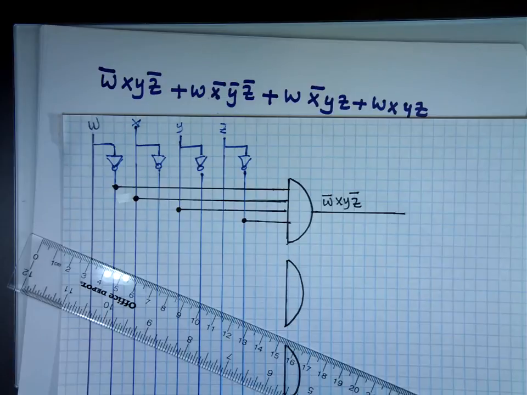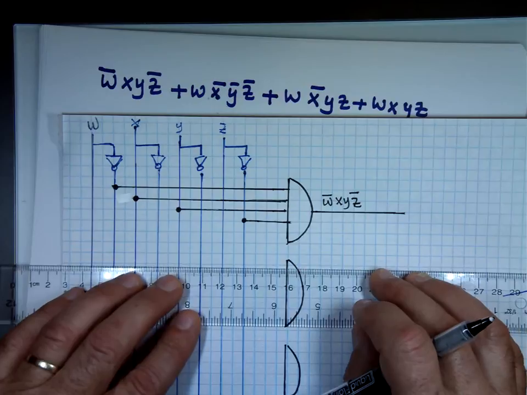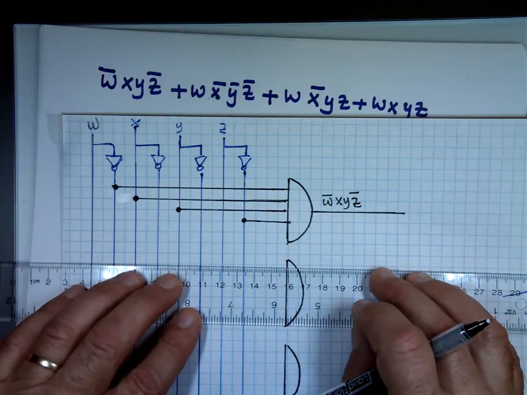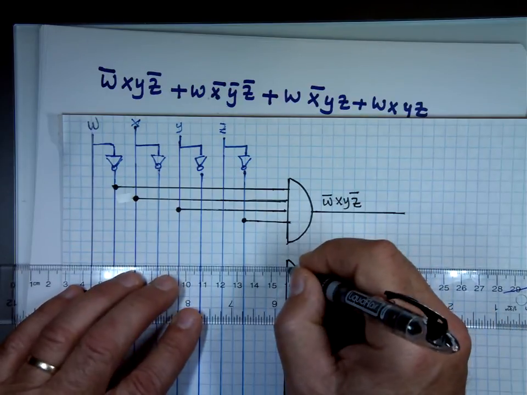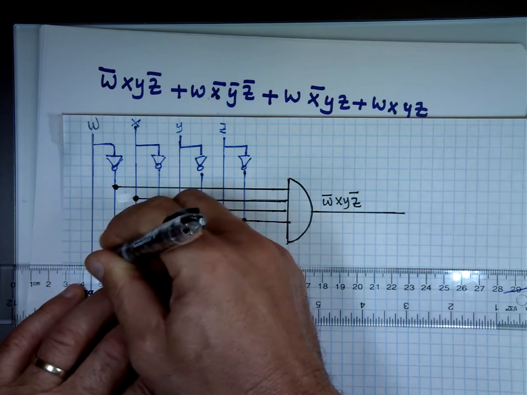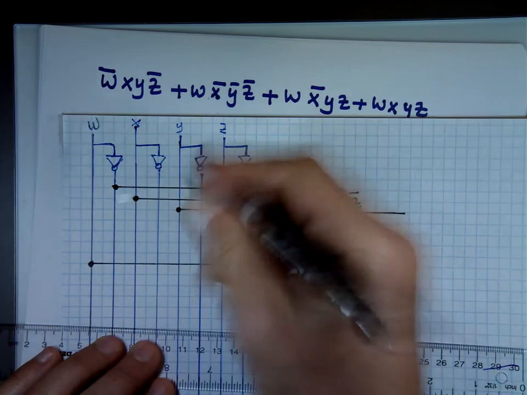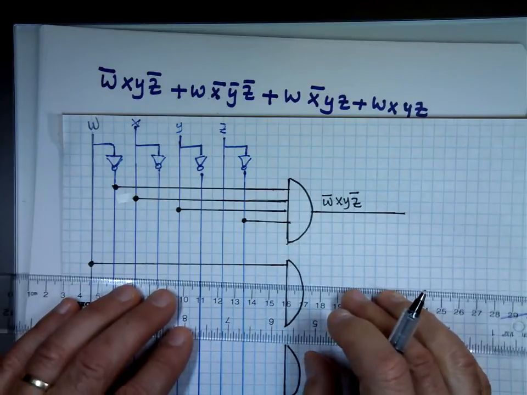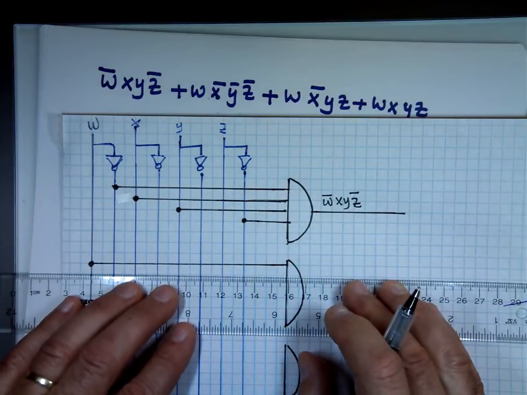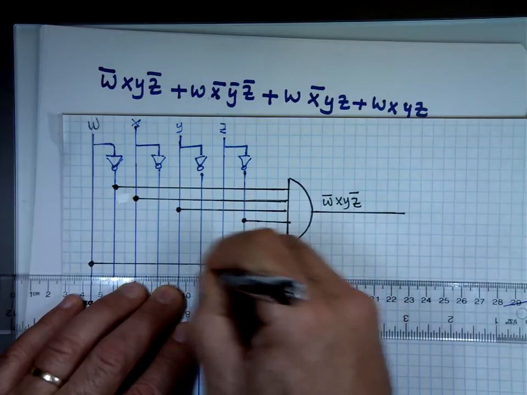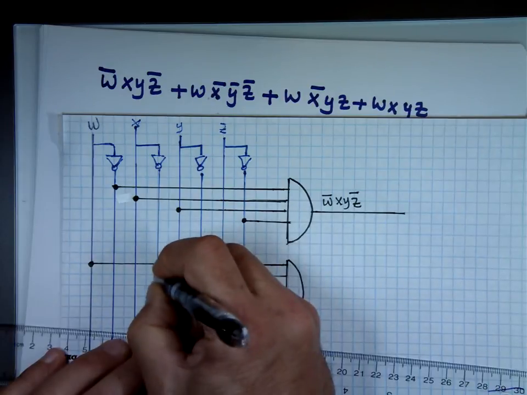The next gate, W, not W bar, W. So you go all the way to W. Remember we said this takes a long time? Just connecting these. X bar. Y bar.